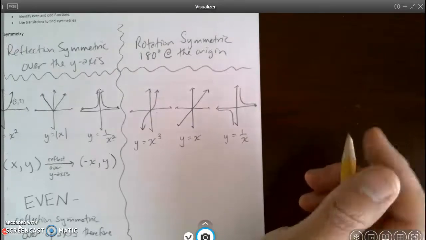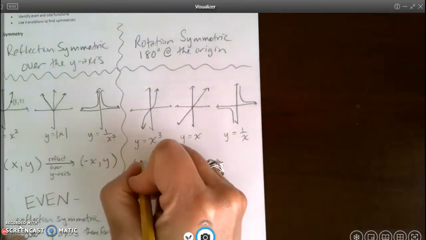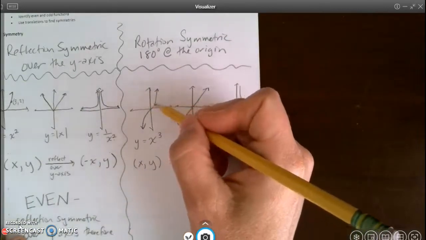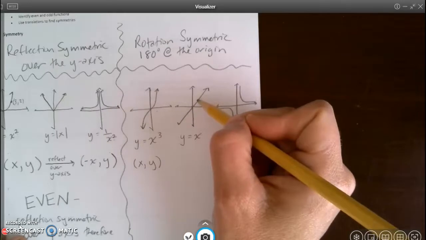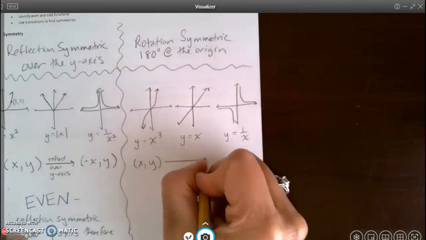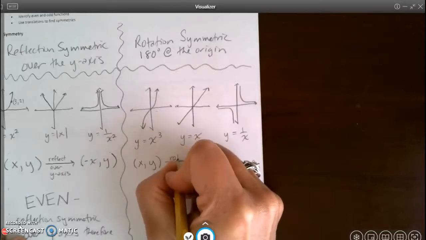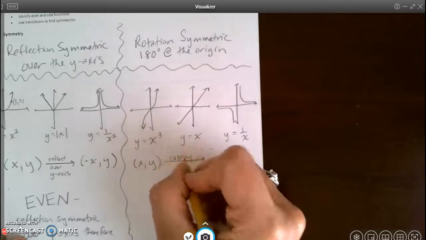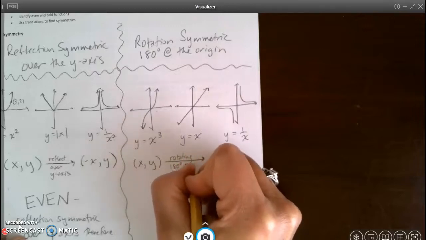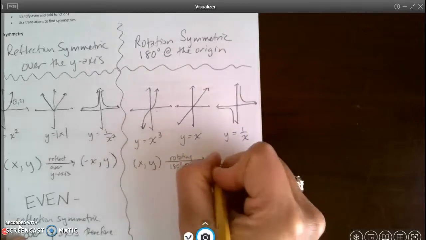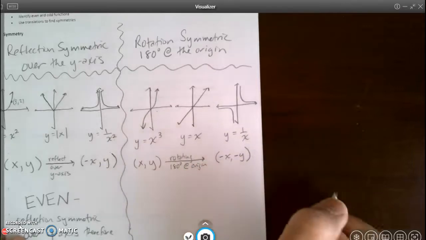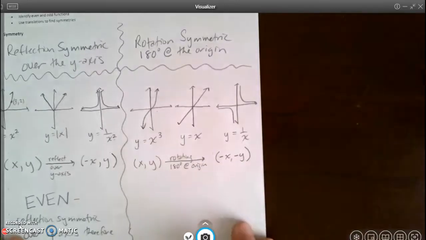Now, in this instance, when we rotate our ordered pair x, y, okay, if we rotate from here down to here, or here over to here, both the x and the y change. So we're rotating 180 degrees around the origin. When we do that, we get opposite of x, opposite of y. They're both going to change.